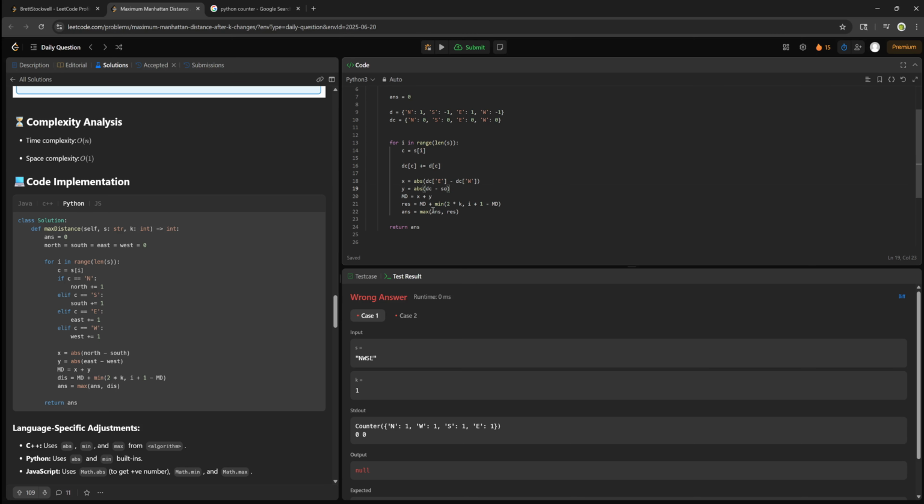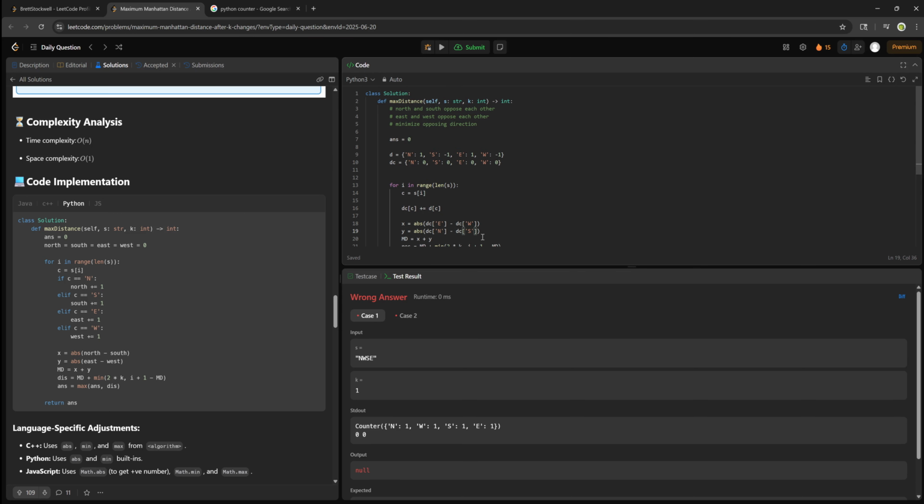Direction count north minus direction count of south. And should that be it?